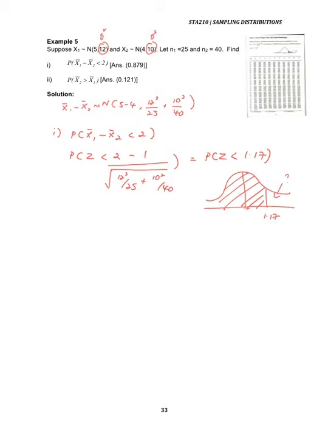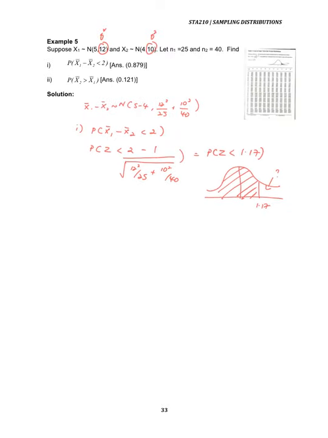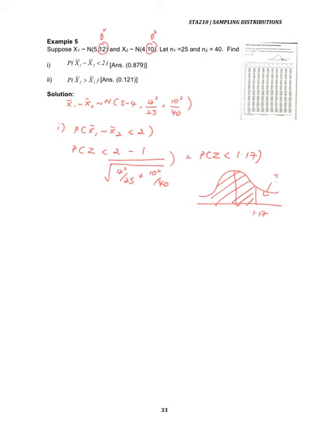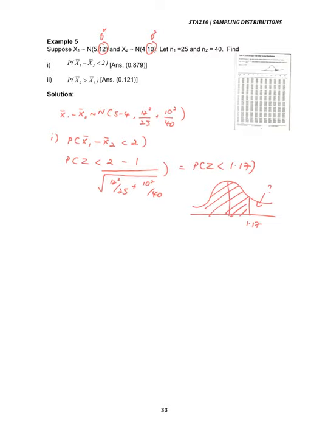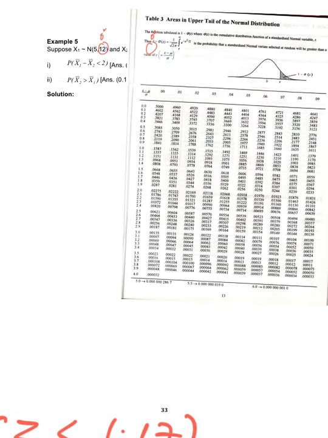Okay, kita tengok dekat standard table, 1.17 is 0.121.